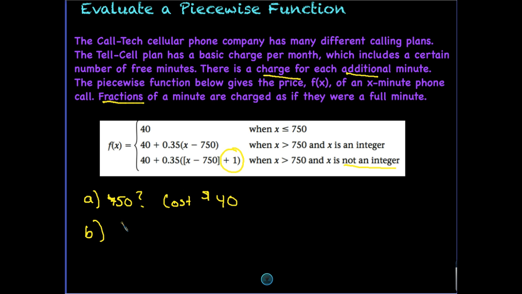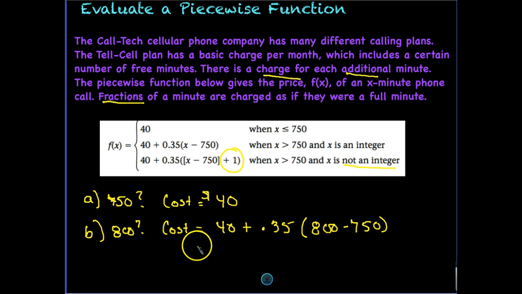So let's do another example. Let's say you talked on the phone for 800 minutes. Then you would need to pick which equation to use. Well, 800 is an integer, so we would use the middle one because we are over 750 and x is an integer. So our cost in this situation would be the $40 plus we're going to pay 35 cents a minute times however many minutes we talked minus 750.